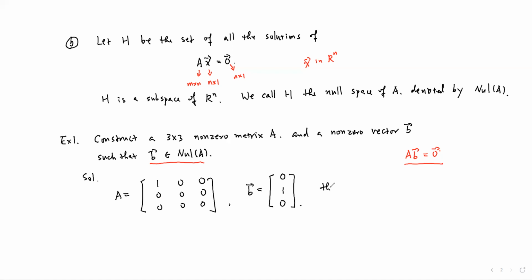Then it is easy to see that this matrix A times this vector b is a zero vector. So b is in the null space of matrix A. Done.